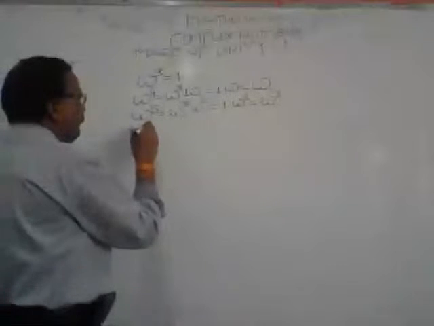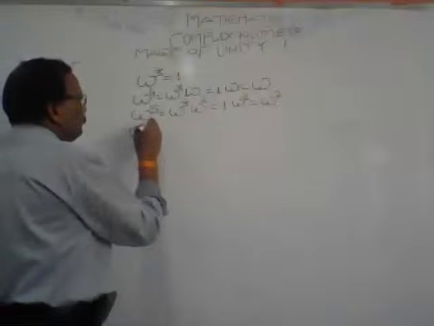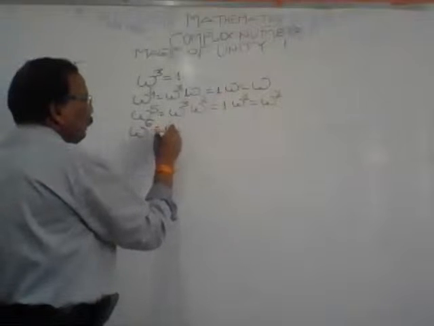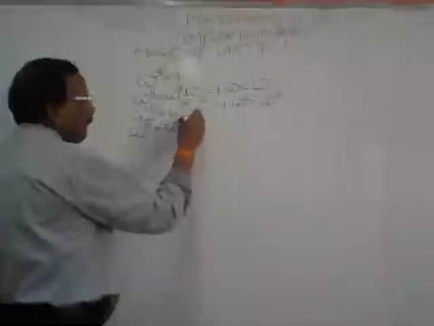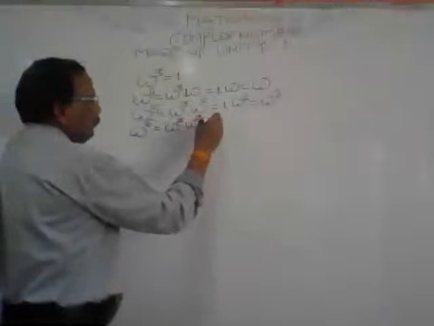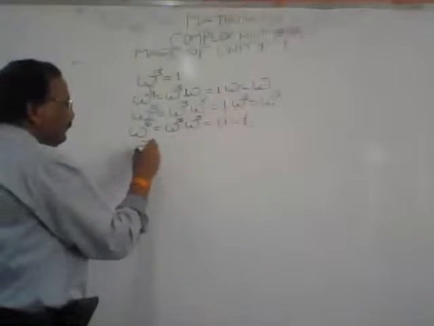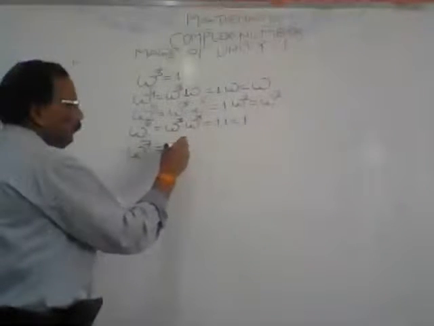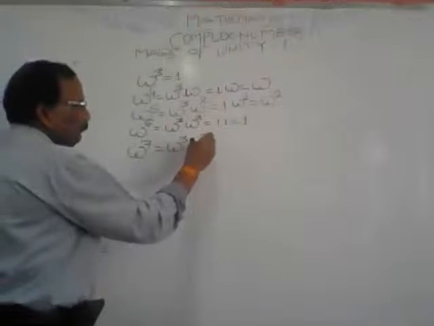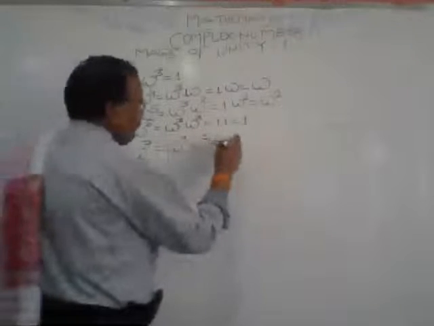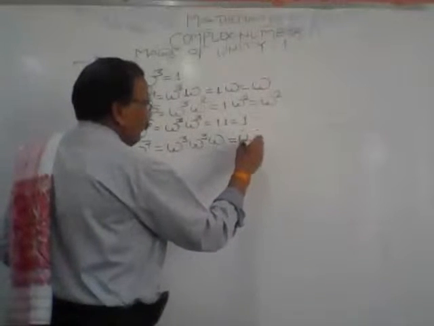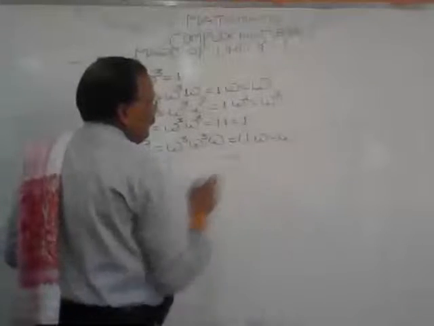Omega to the power 6 is equal to omega cube into omega cube, which is 1 into 1, which is equal to 1. Omega 7 is equal to omega cube into omega squared... which is 1 into omega, equal to omega.